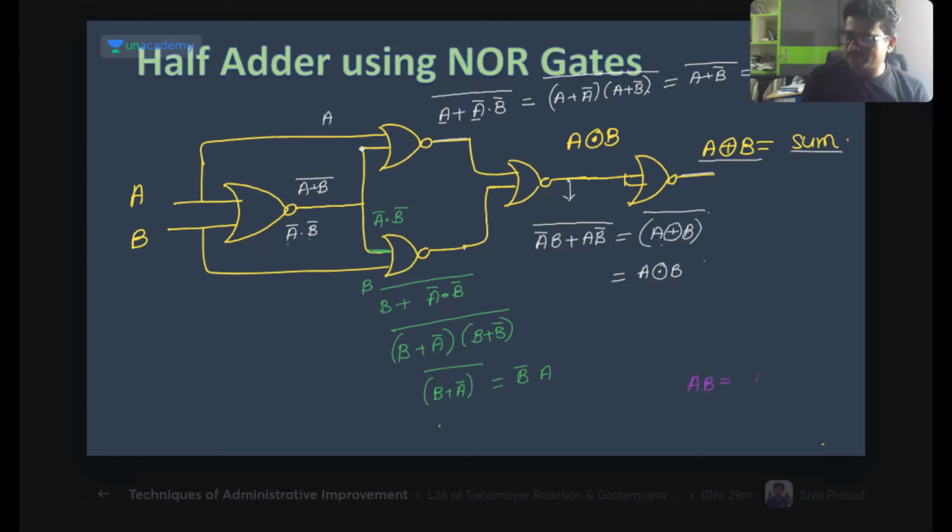This is A plus A bar whole bar if we do this thing here. So this is what we'll get now here. We will get A plus B, A into B. We got the carry now here.